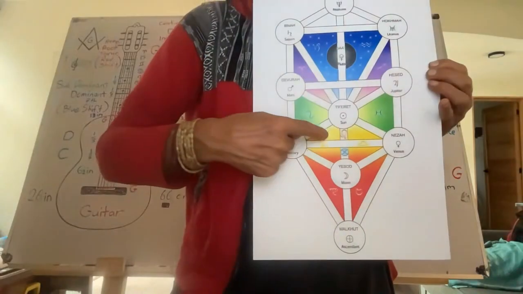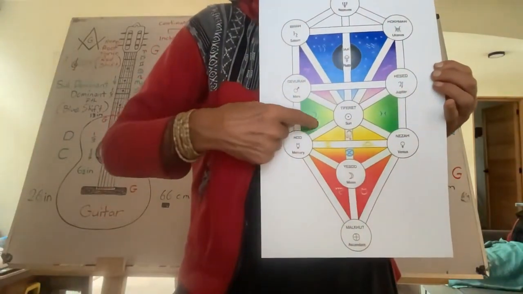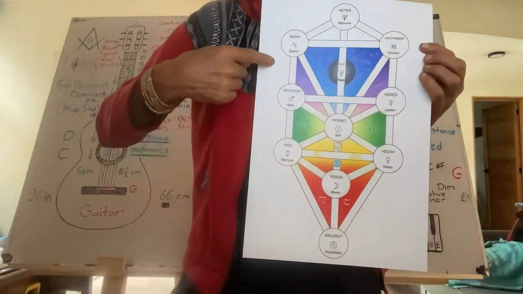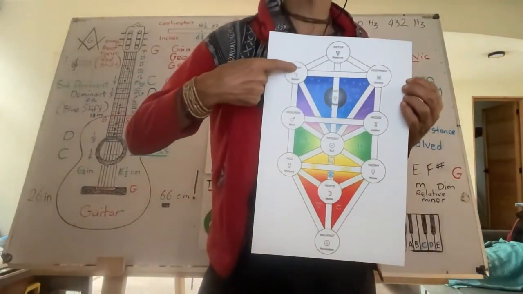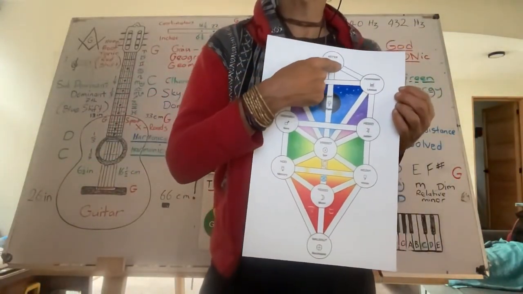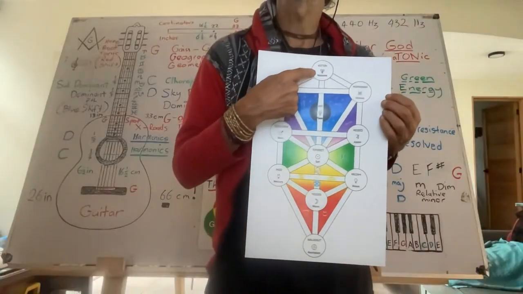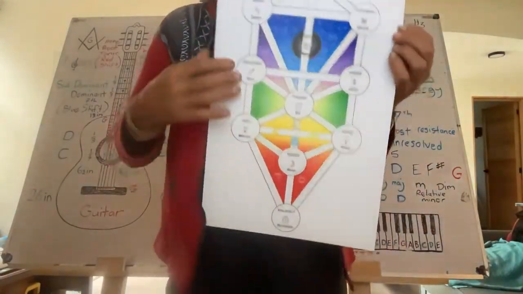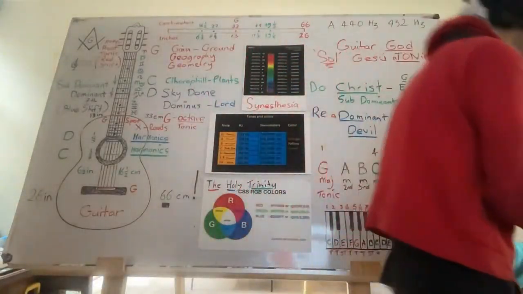This is the solar plexus. This is the heart chakra. This is the blue throat chakra. This is the indigo pineal gland. And this is the violet crown chakra. Okay? So, again, it's in all systems.